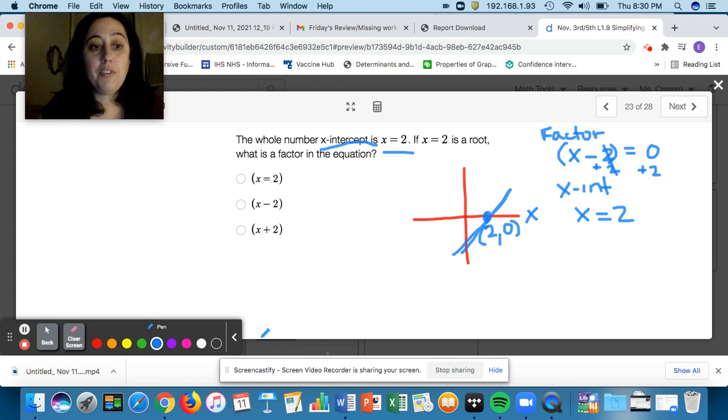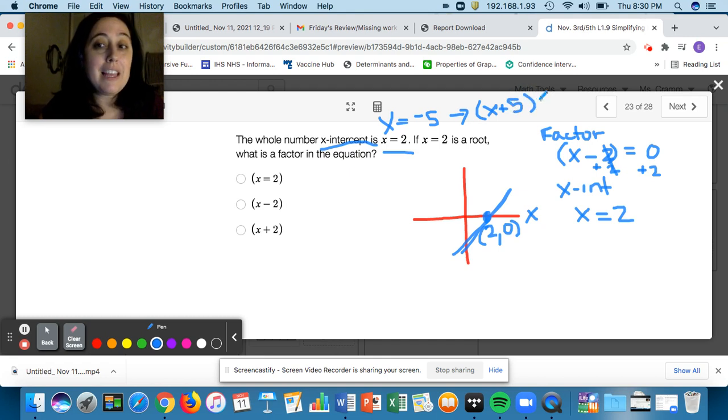All right, hopefully that helped there. And if I had an x-intercept of x equals -5, the factor would have to have been x plus 5.